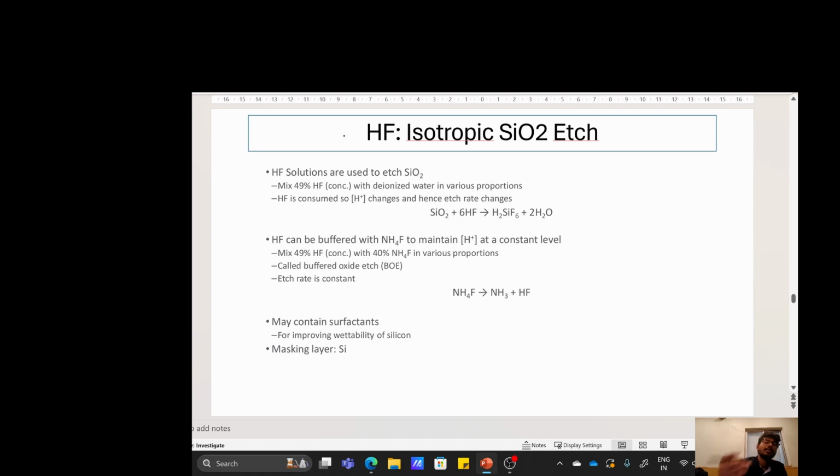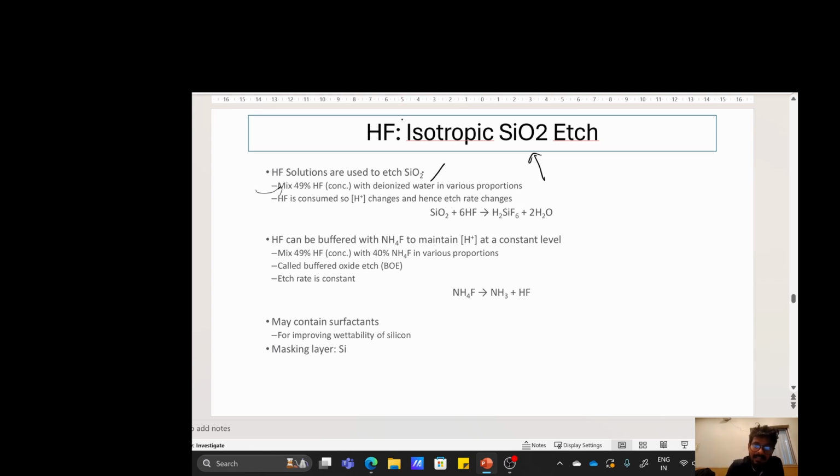Now HF. HF is used for the SiO2 etching that I told you about. Commercially available HF is 49% HF in DI water, which is further diluted for the purpose.